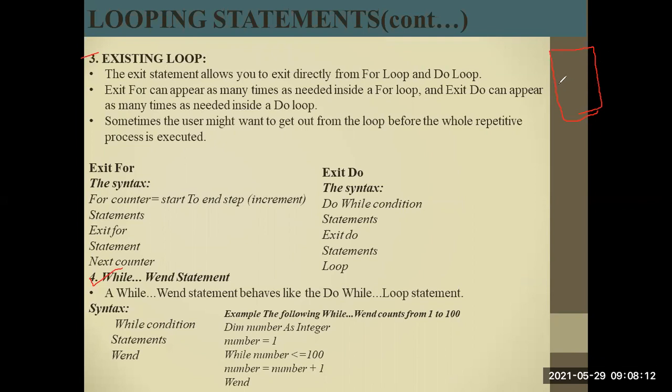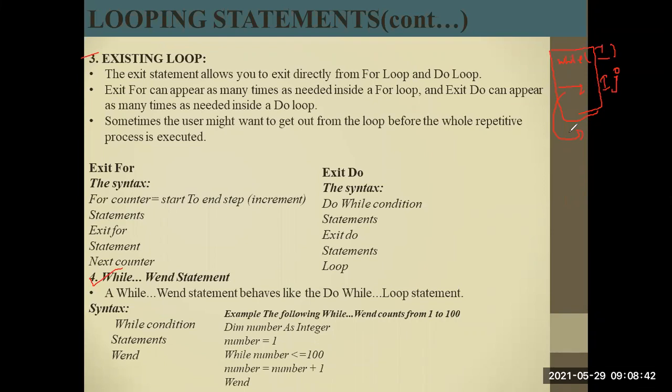But sometimes in a program, even though the condition we have given is true, we need to forcefully come out of it. In those cases, we use the exit statement.